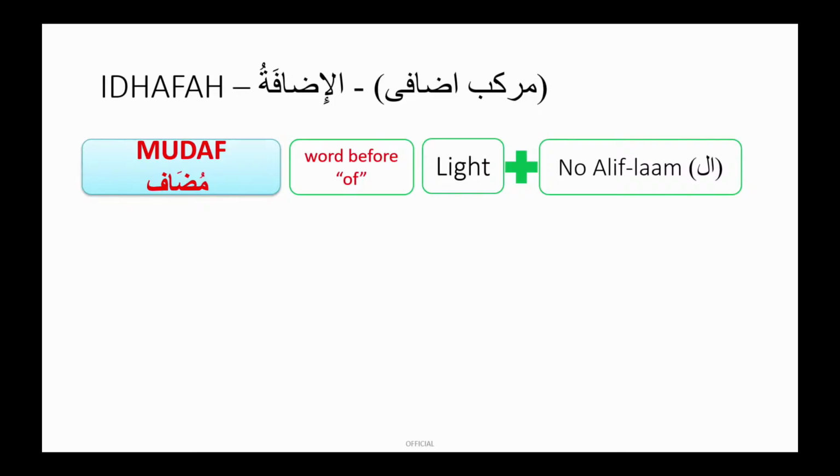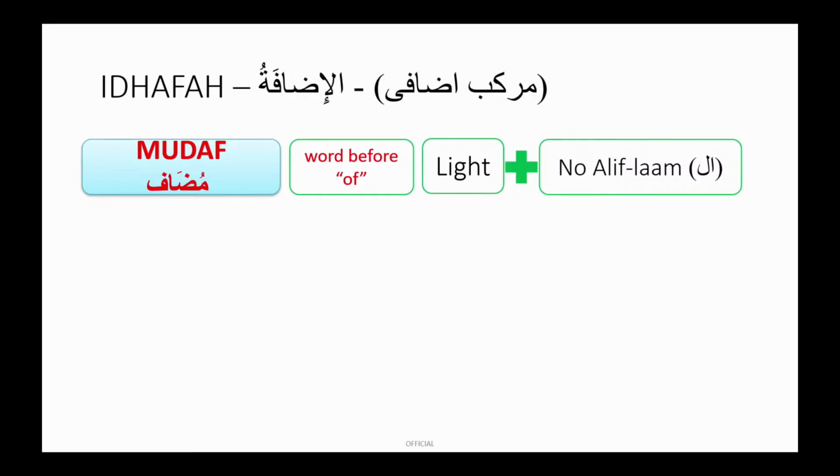Why is this word light? Because we said by default in Arabic, all ism should be heavy. When an ism is light, you should pay attention and try to find out the reason, and inshallah you would see why. And on top of that, when it is light and there is no Al at the beginning as well, this becomes a candidate that it can be Mudaf.